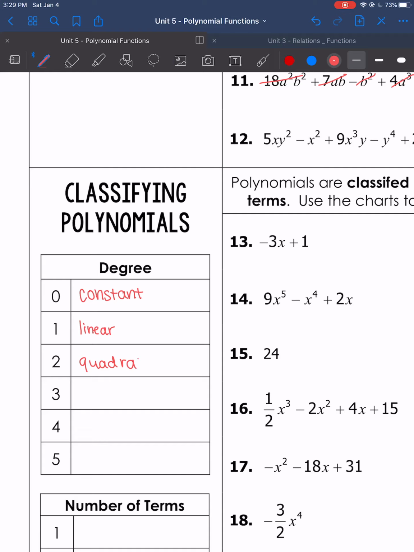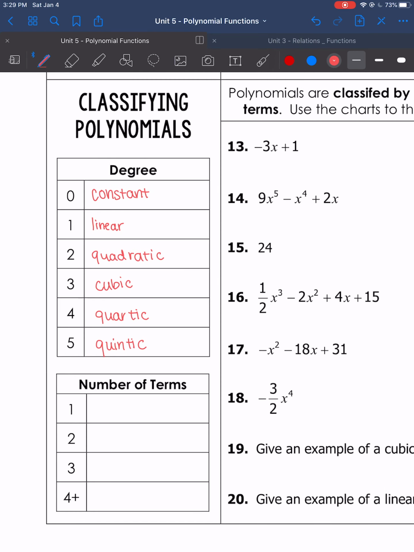Exponent of 3, we call it cubic. 4 is quartic, and 5 is quintic. I would commit these to memory if they're not already, and if I can spell, we'd be better off. Yeah. So, I would commit these to memory because you're not going to be able to look at them later, like on a quiz or a test.